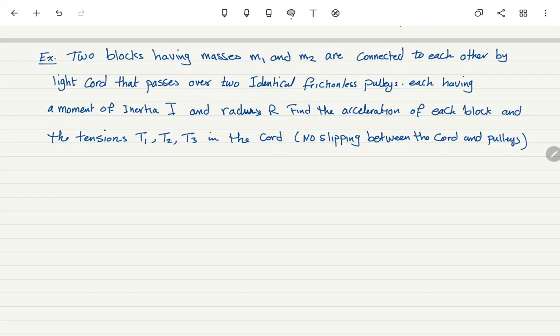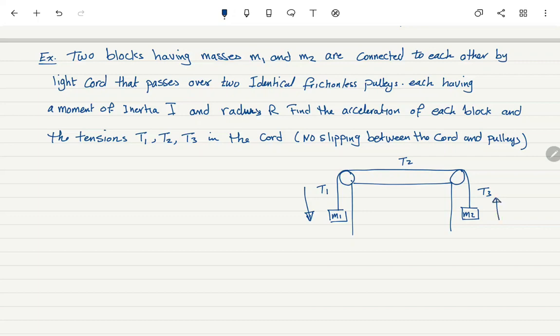So we have here the disc, and we have pulley 1 and pulley 2 connected by the rope here. This is M1 and this is M2. We have here T3, T2, and T1, and this one is moving this way, and this one is moving this way here.